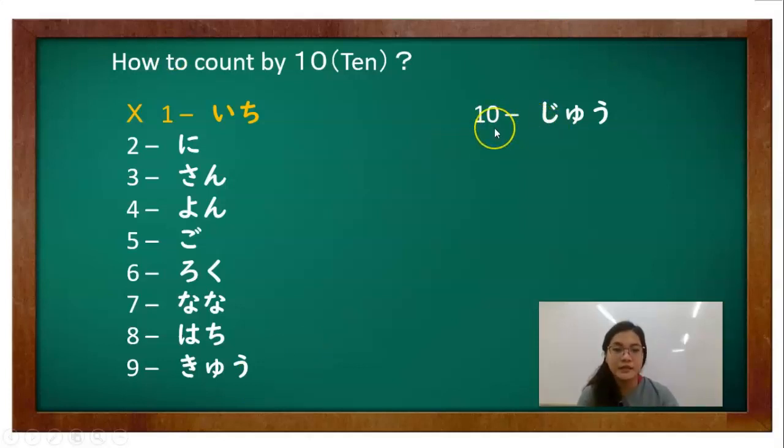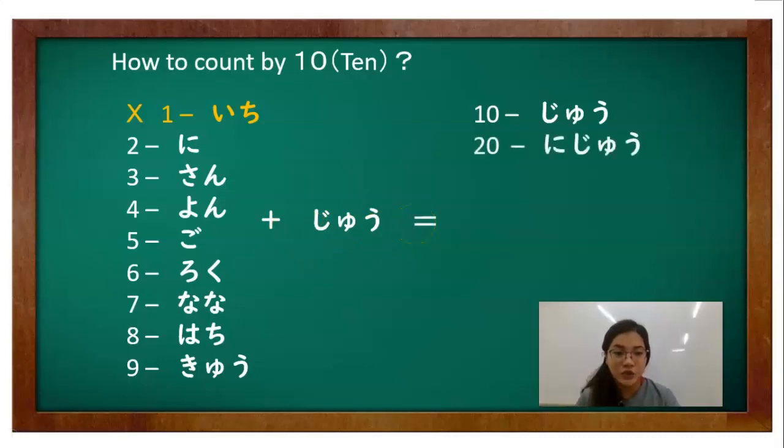Okay, so how about 20? To make 20, you just add ni and then you add ju. So ni plus ju equals nijuu.